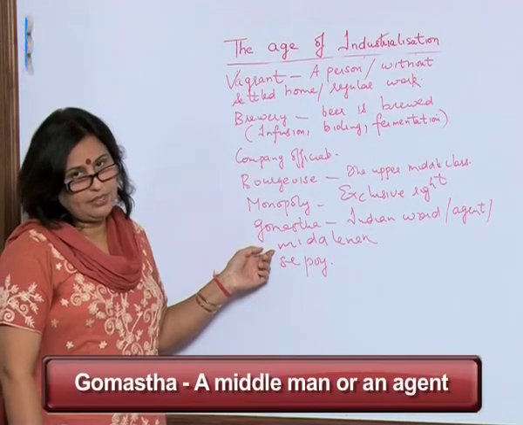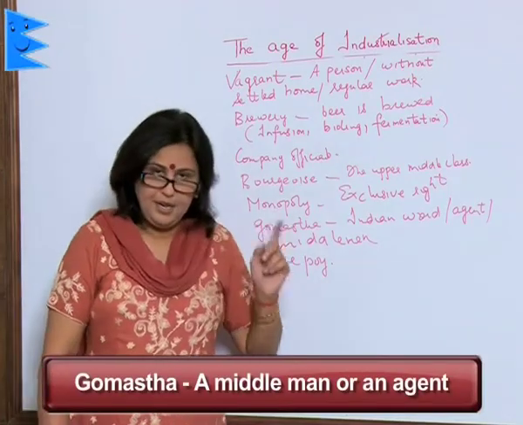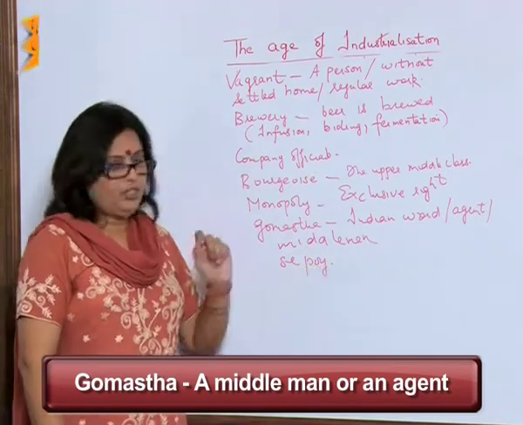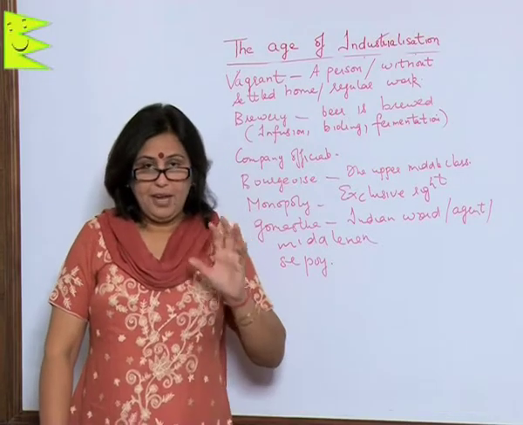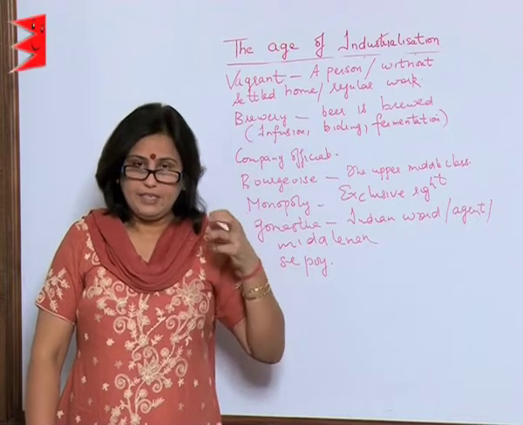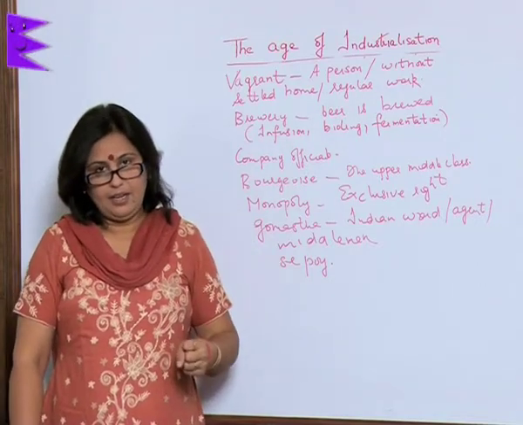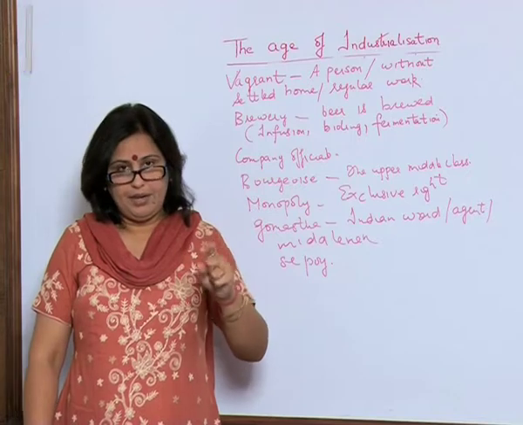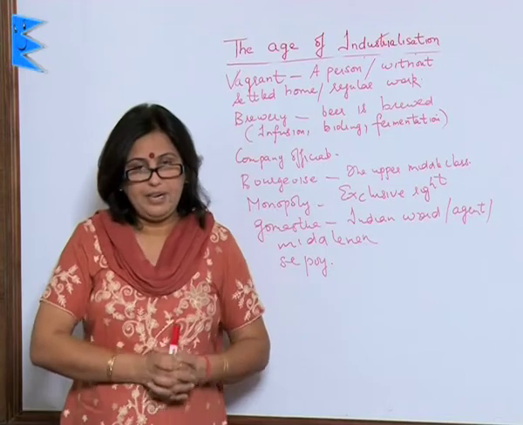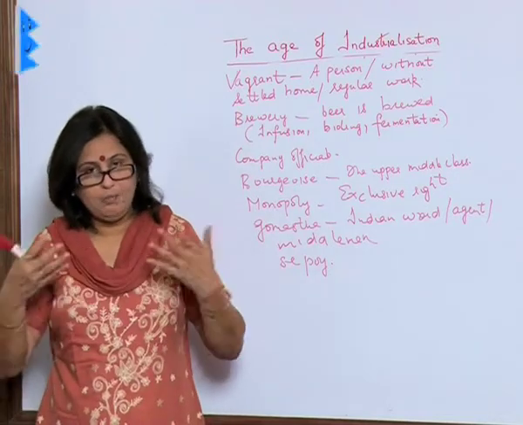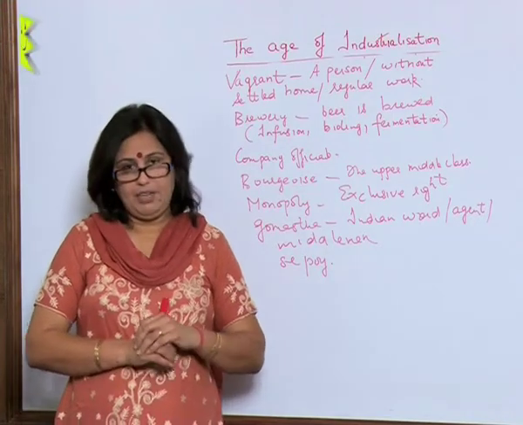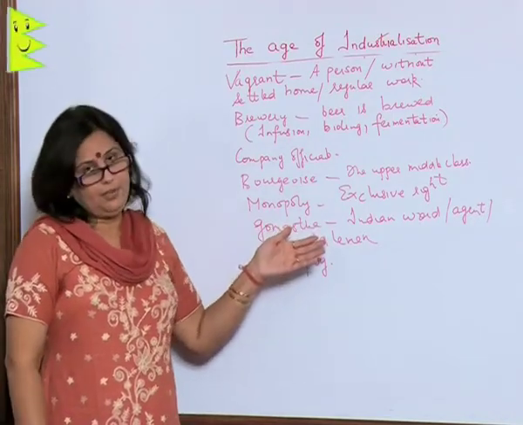Next is Gomastas. Gomasta is an Indian word which means a middleman or an agent. Actually, when industrialization set in India, that is, we had certain mills and factories in India, then the workers were required, and the person who used to get workers for the industrialist and who seemed to be providing work to the people who did not have any work was called as a Gomasta.